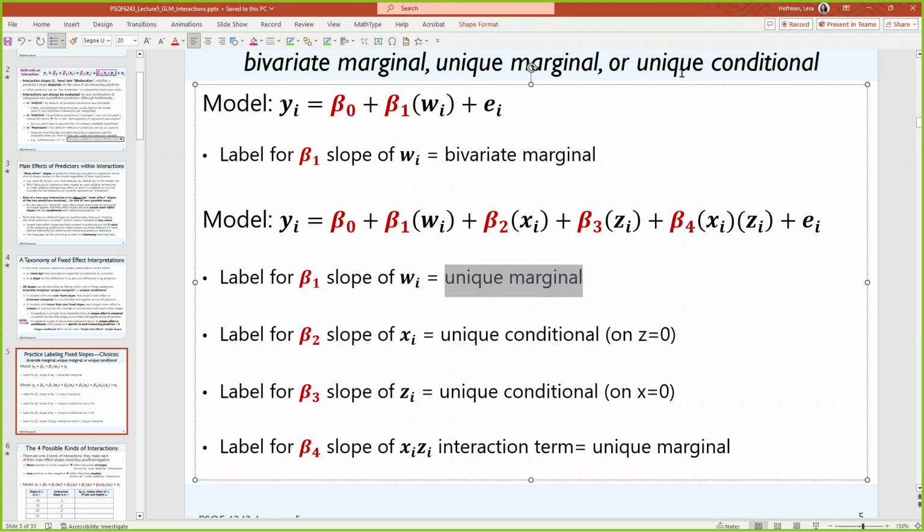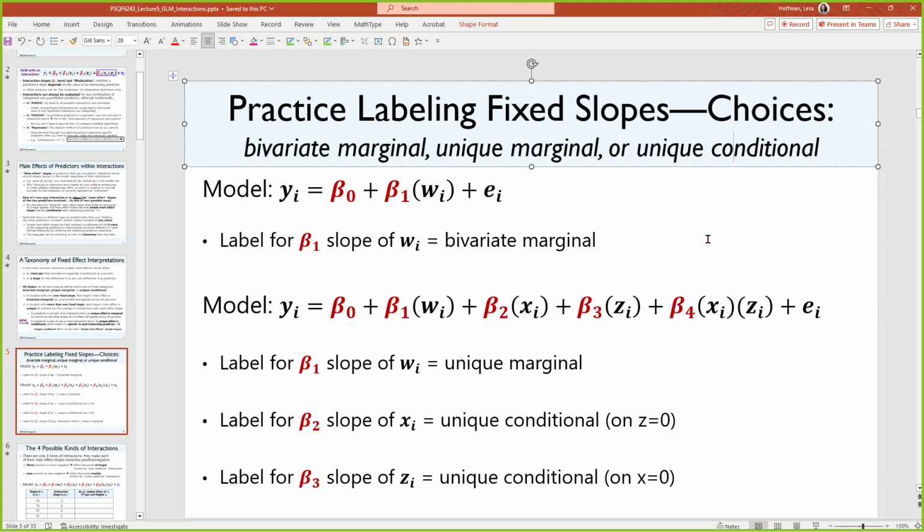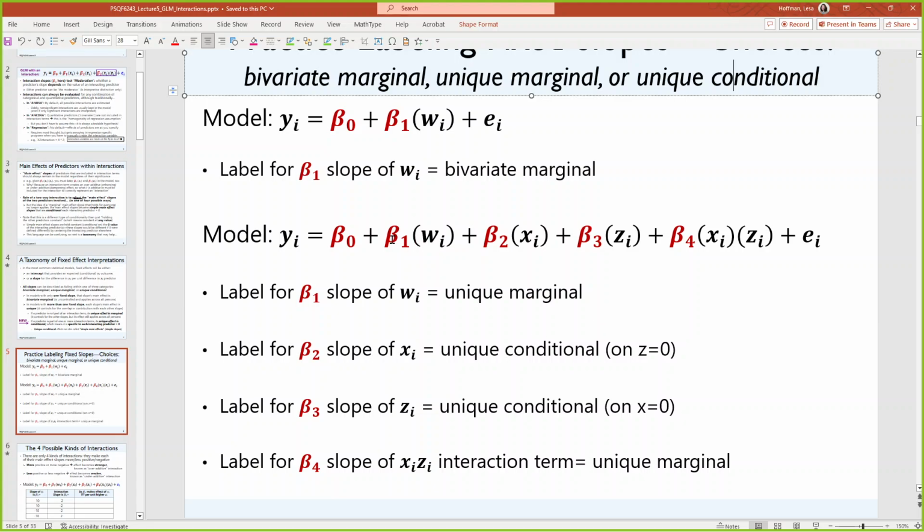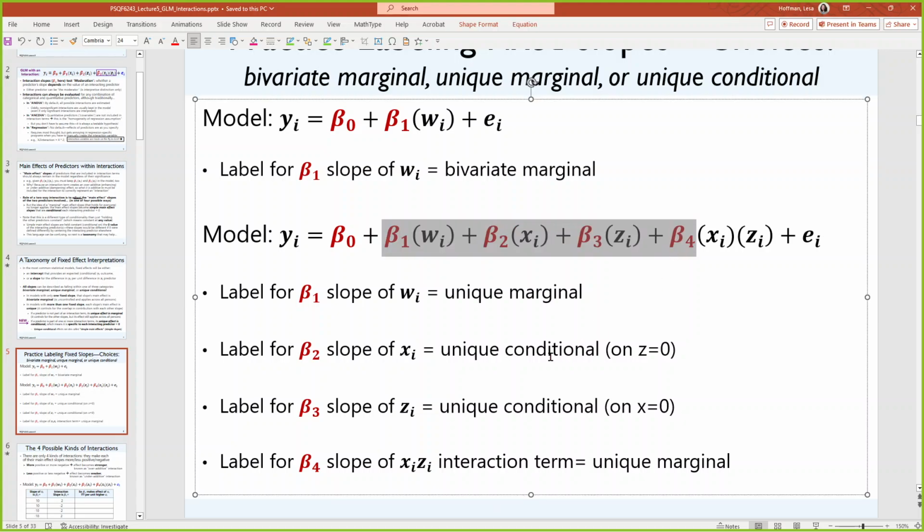Up to this point, we've only had these two possibilities. It's the third one that this unit is introducing, the idea of conditional. Conditional doesn't just mean controlling for the other stuff in the model. That's what unique means. Conditional is more specific than that. It's specific to the interacting predictor being 0, not just controlling for.